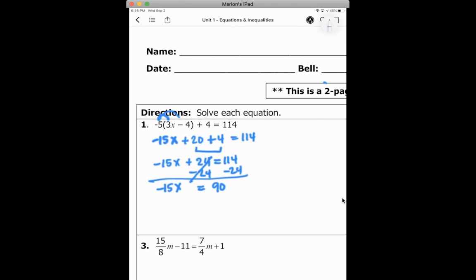So we can solve for x. You divide both sides by negative 15. That will cancel out. So your x is, of course, equal to negative 6. That's it. That's your answer.